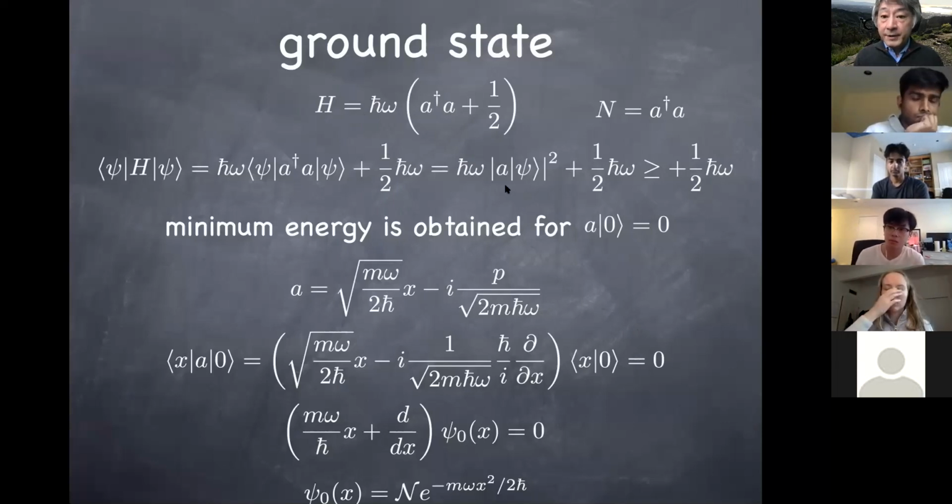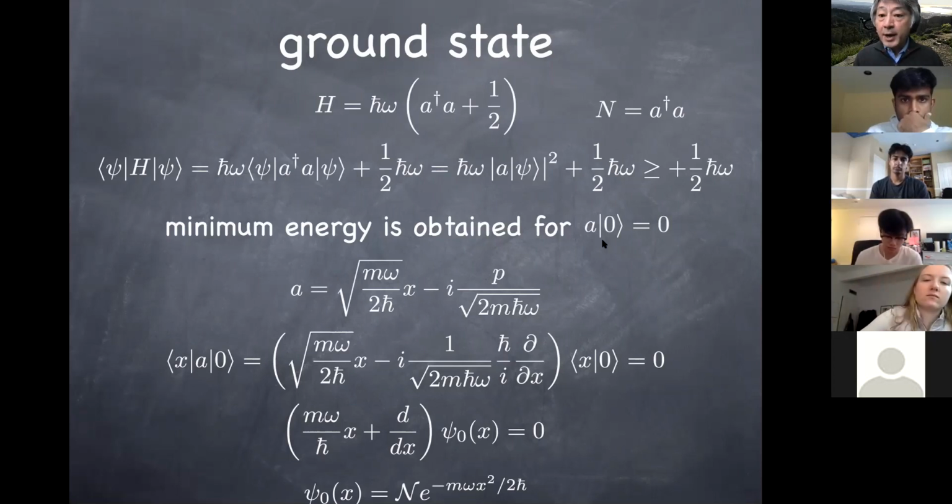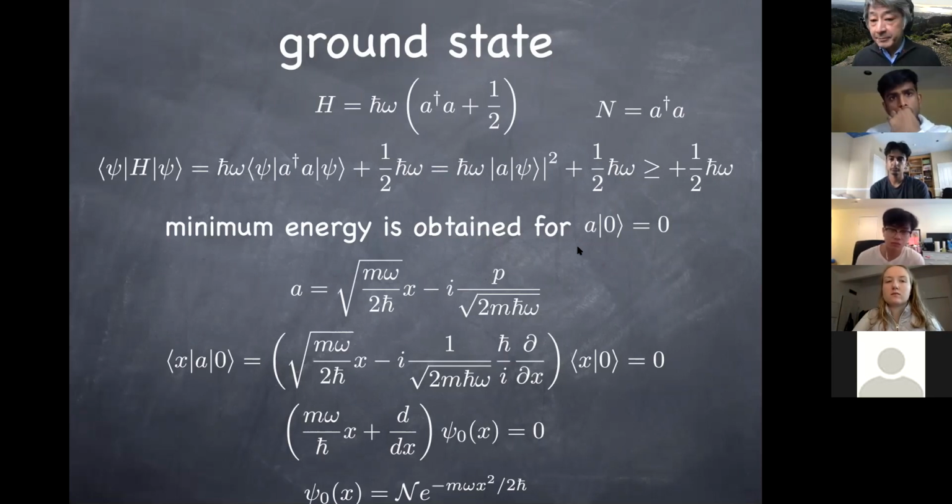That idea of positive semi-definiteness is true no matter what the Hamiltonian is. But here I'm relying on the fact that this annihilation operator is what gives you the Hamiltonian, which is specific to the harmonic oscillator. That's why I can change the problem of solving for the ground state to another problem of looking for a state that gets annihilated by the annihilation operator. So this condition is specific to the harmonic oscillator.